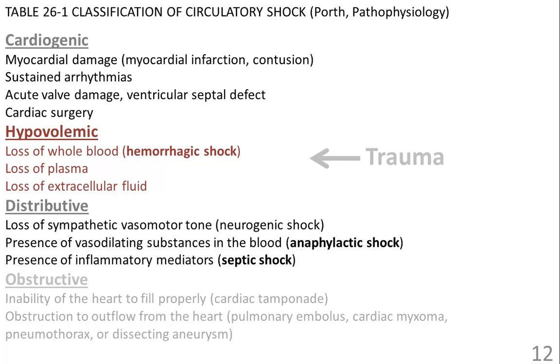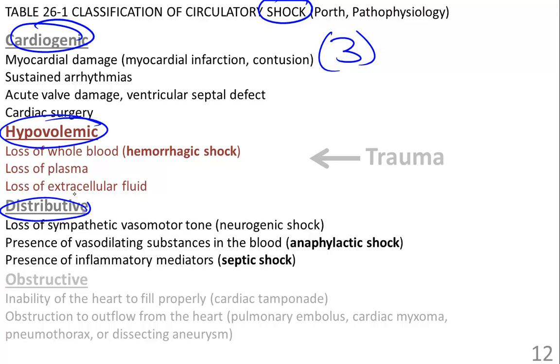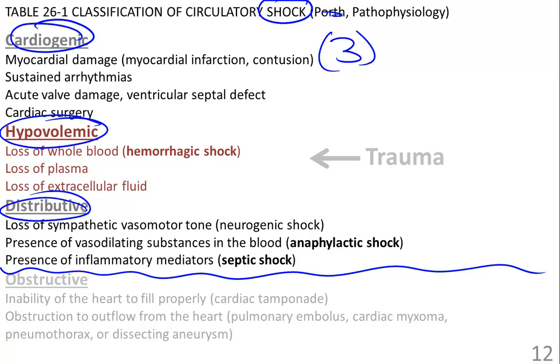If you go to most of your resources, including UpToDate, they'll usually have shock broken down into three categories: cardiogenic shock, hypovolemic shock, and distributive shock. Some sources like Porth here have a fourth category, obstructive, but most will just throw that into cardiogenic. So it's a little easier to just think of three.